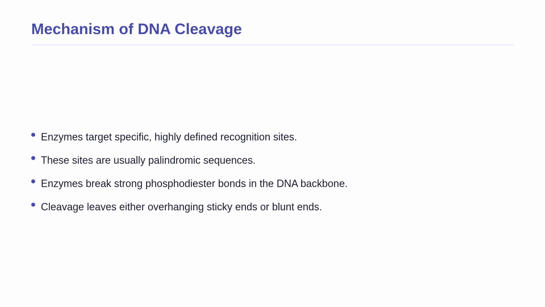When the enzyme finds its specific recognition site, it binds to the DNA and breaks the strong phosphodiester bonds that hold the DNA backbone together. Depending on the specific enzyme used, this cut can leave sticky ends with overhanging single-stranded DNA or blunt ends where the DNA is cut straight across.